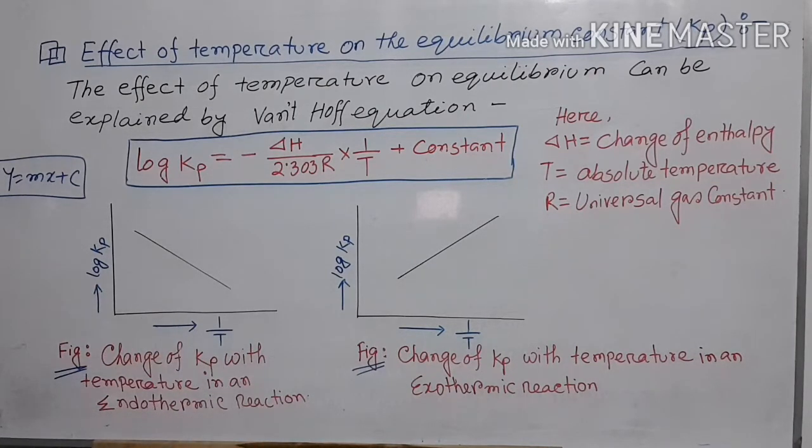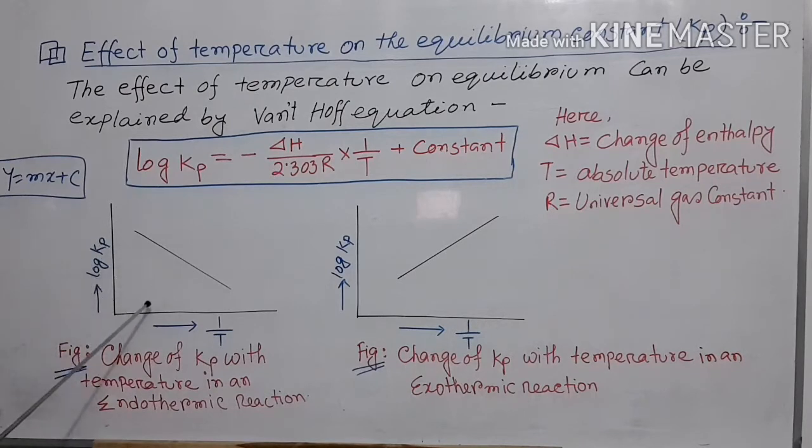For endothermic reaction, we see that increasing of temperature increases the rate of reaction. That means it increases the value of Kp. And for endothermic reaction, we get this type of graph, change of Kp with temperature in endothermic reaction.